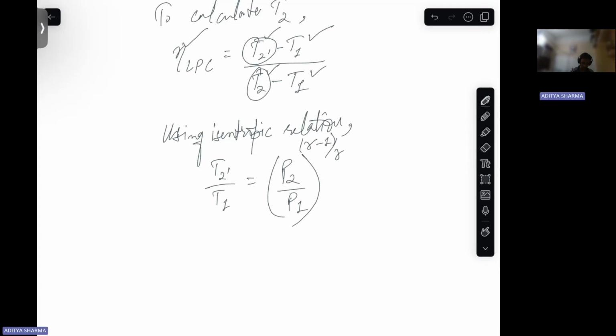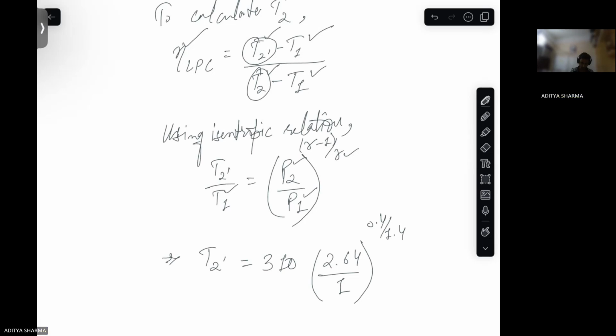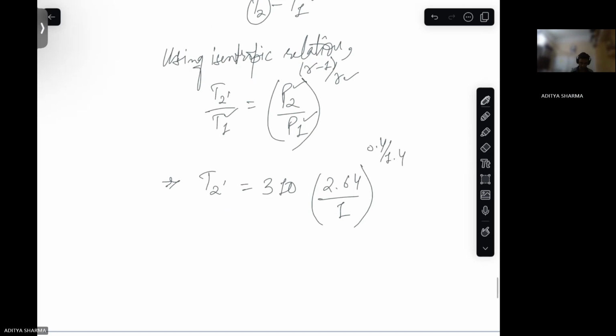P2 we have as 2.64. This we have, this we have, this we have. T2 dash we can find out. T1 is 310. P2 is 2.64. P1 is 1. So this becomes 0.4 divided by 1.4. I hope this is clear.